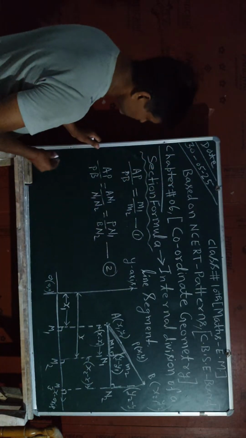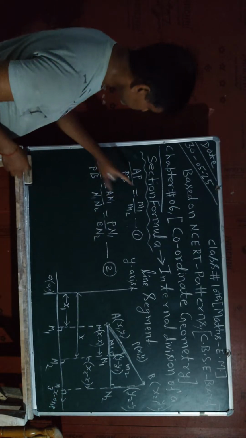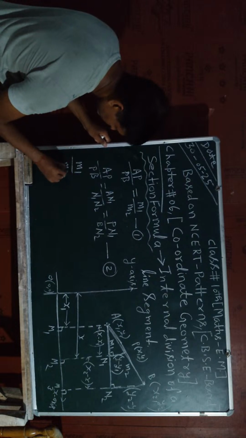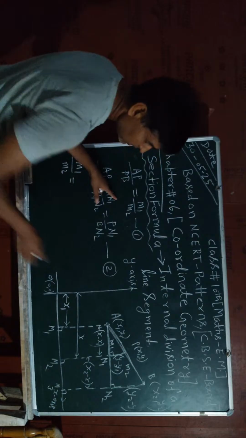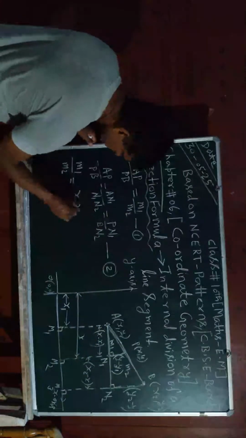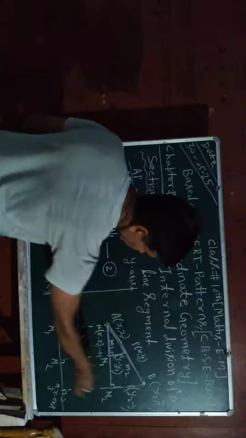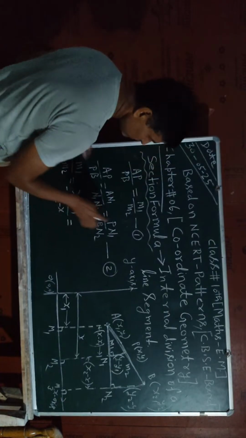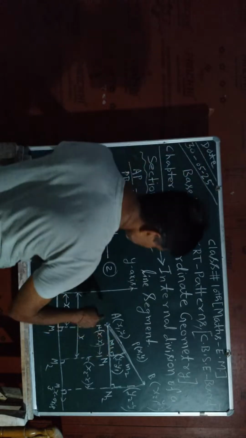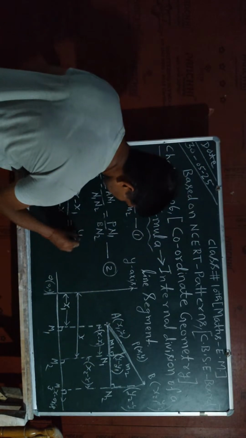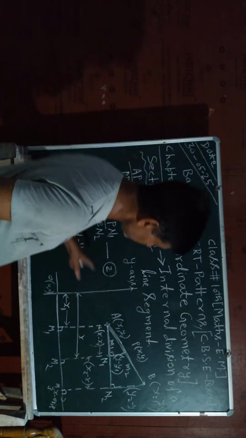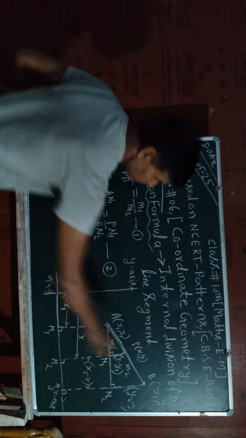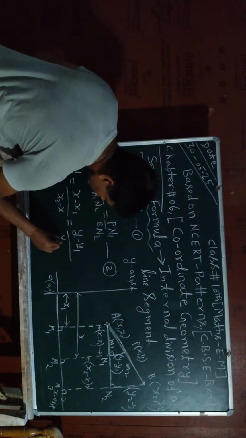Okay, now I am going to put this information here. AP divided by BP, I will write here as m1 divided by m2. Now the AN1 value is x minus x1, divided by N1N2, whose value is x2 minus x1, which is equal to PN1, which is y minus y1, equal to BN2, whose value is y2 minus y1.